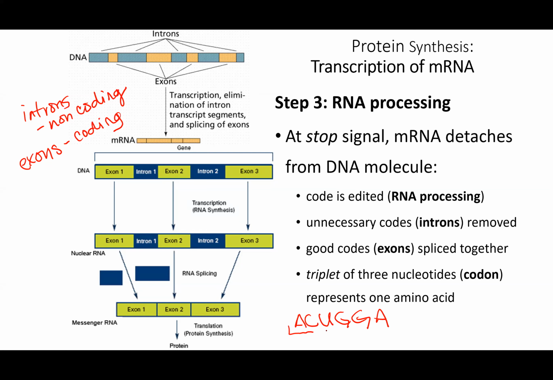Each set of 3 is a codon, and it codes for 1 amino acid. We're going to talk more about this as we continue, but know that each triplet, or set of 3 nucleotides, in that mRNA is going to code for one specific amino acid.